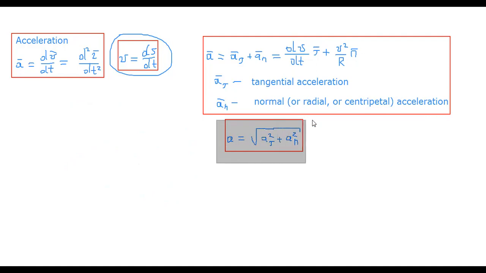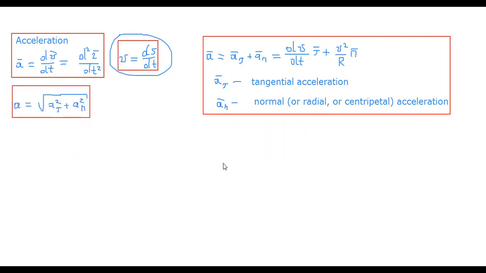Let's have a look at a perfectly rigid body that rotates around a fixed axis. This axis is usually called the axis of rotation.